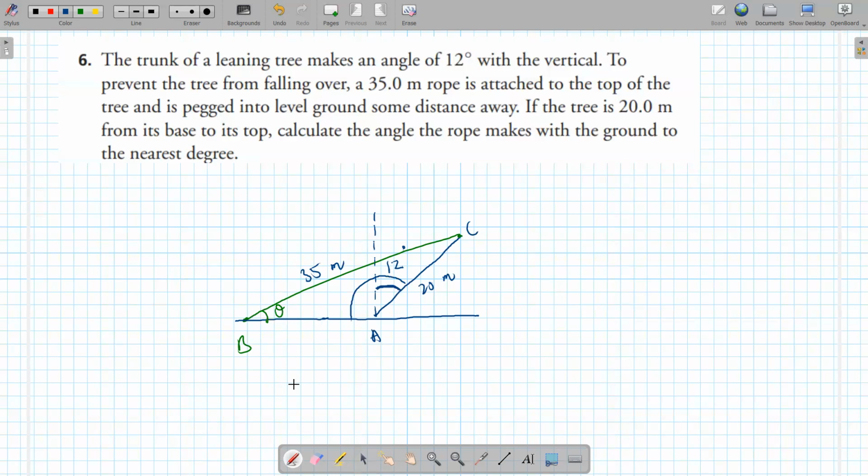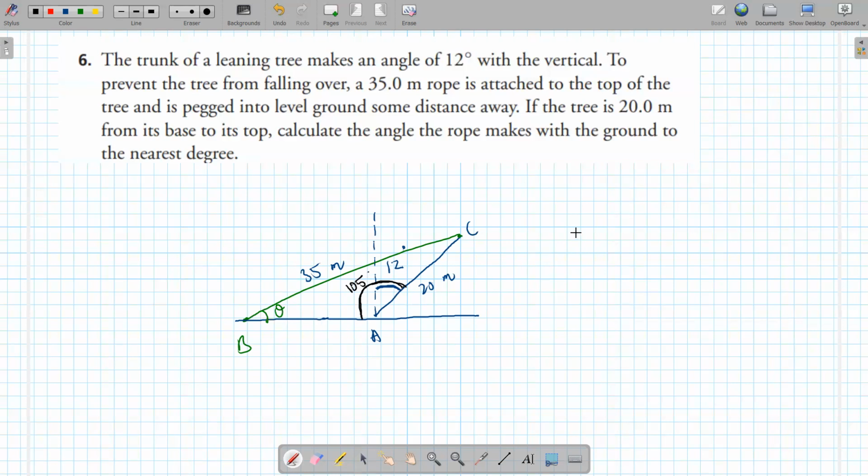Is it 102? It is 102 exactly. So this big angle is going to be 102. And we need this big angle because this 35 meter, the opposite side length, comes from this big angle, not from the 12.